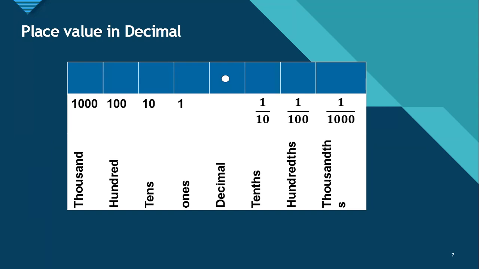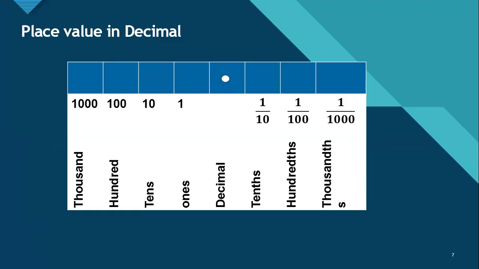From the decimal point to the left side, that will be the whole number. The first place value will be ones, then tens, the third will be hundreds, and the fourth will be thousands.